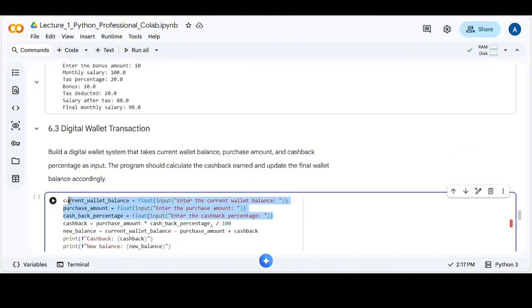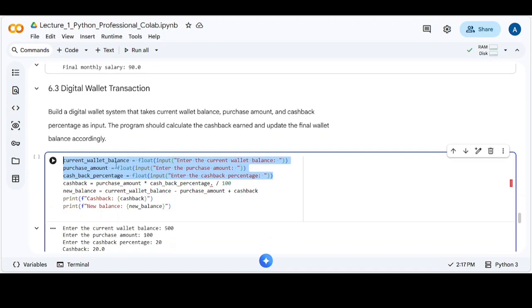We converted them directly, and after that we calculated the cashback percentage the same way as before. Once we have done that, we take the new balance, subtract the purchase amount, and add the cashback to the new balance. We have just printed two values, cashback and new balance.